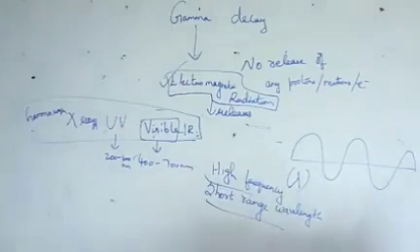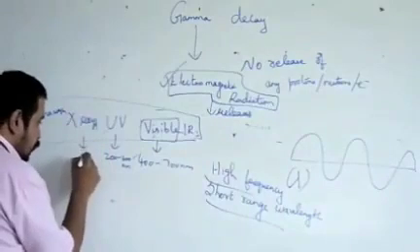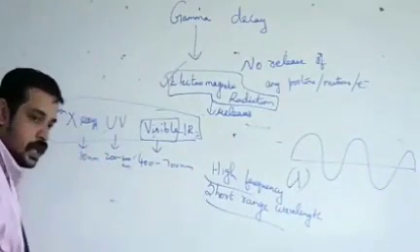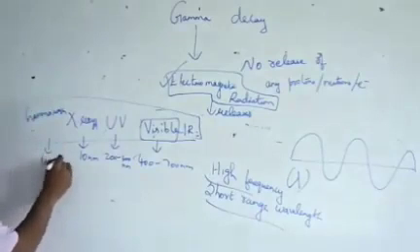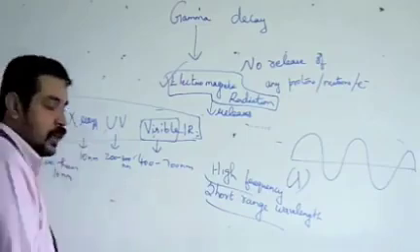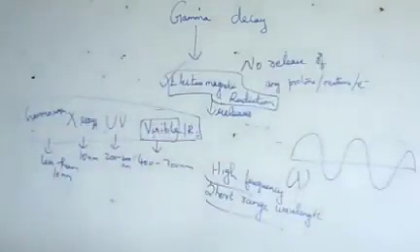When you take 10 nanometer, it is X-rays, and when you have less than 10 nanometer, we have the gamma rays.